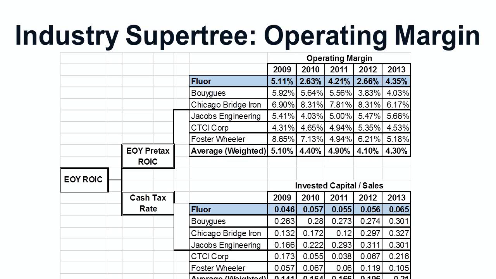The other driver was productivity, which also had an effect on pre-tax ROIC, yet it wasn't as severe as operating margin. Productivity decreased over these 5 years for both Fluor and the industry in the form of increased invested capital over sales.